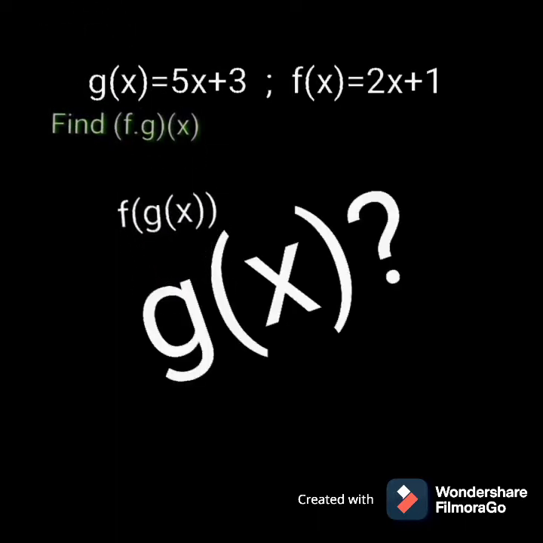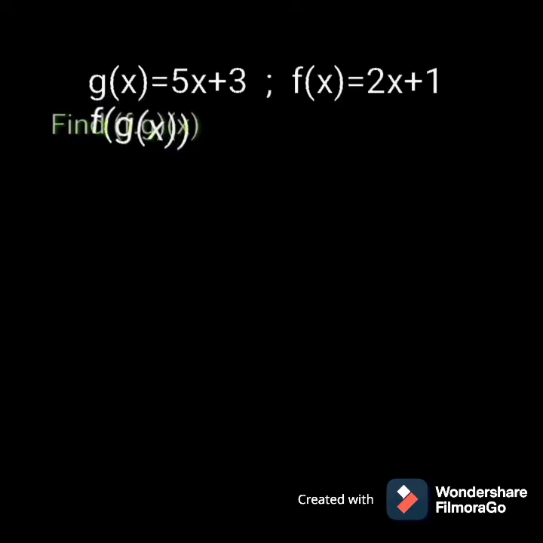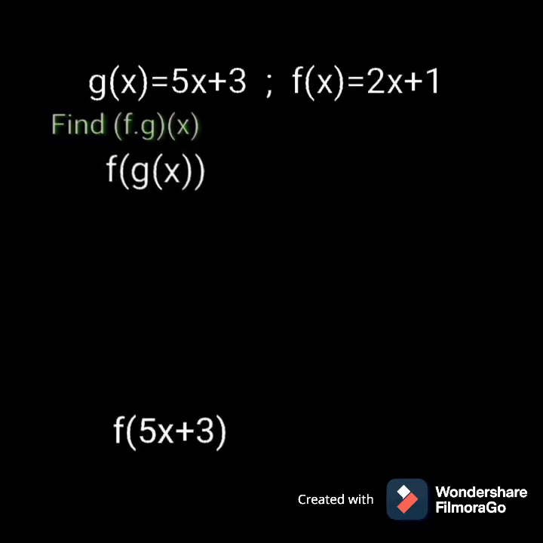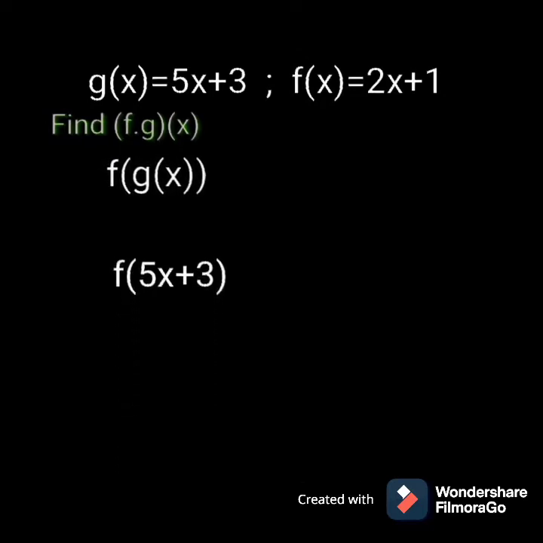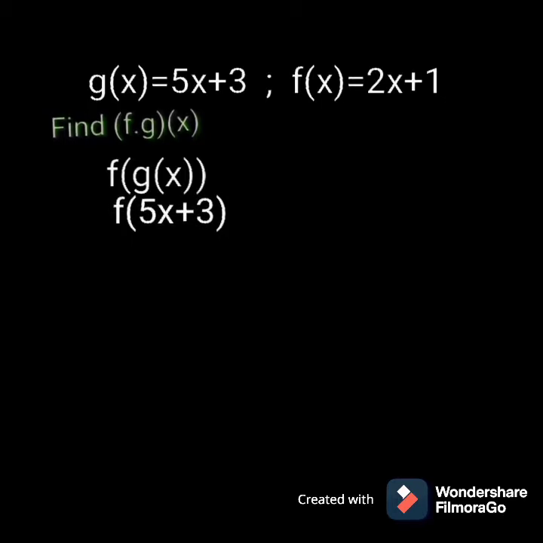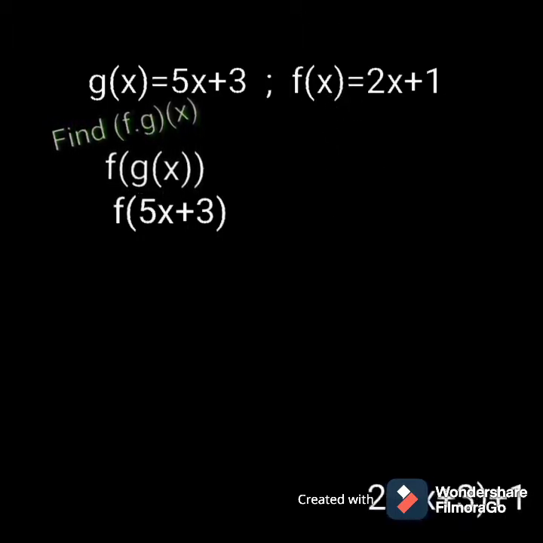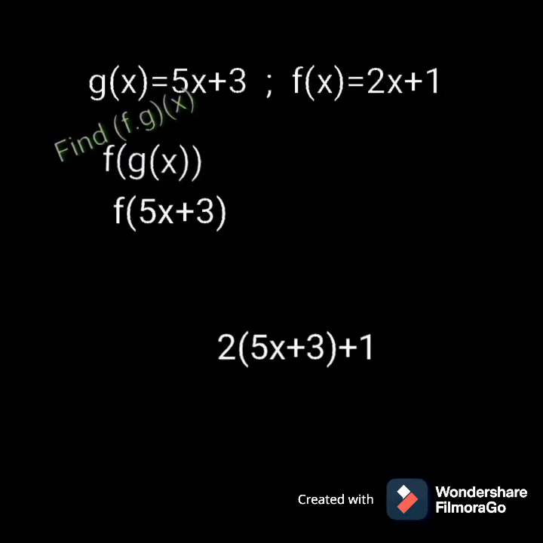Now, what is the value of g of x? Remember that the value of g of x is equals to 5x plus 3. Therefore, f is the quantity of 5x plus 3. What we did is substitute. We were going to substitute to the value of f of x, which is 2, so 2 times the quantity of 5x plus 3 plus 1.